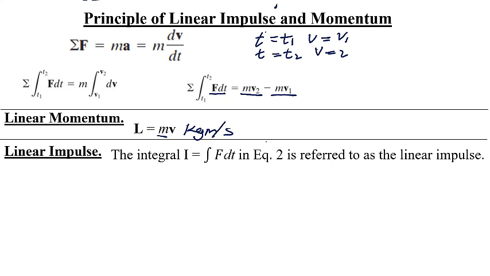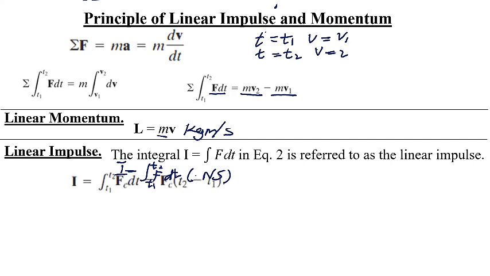Since time is a positive scalar, the impulse acts in the same direction as the force, and its magnitude has units of force times time. So the magnitude of impulse I equals the integral from t1 to t2 of F dt. The unit is Newton seconds, because force is measured in Newtons, while time is measured in seconds.